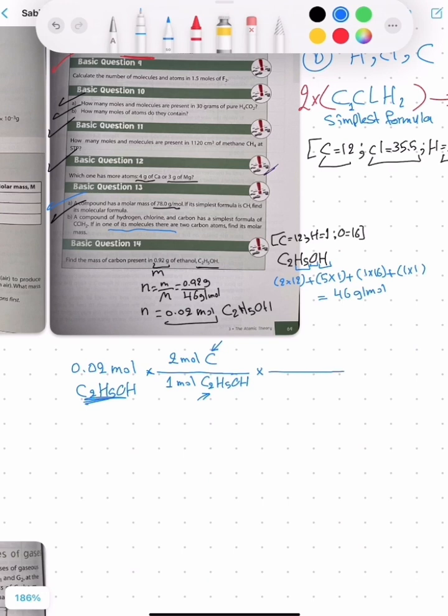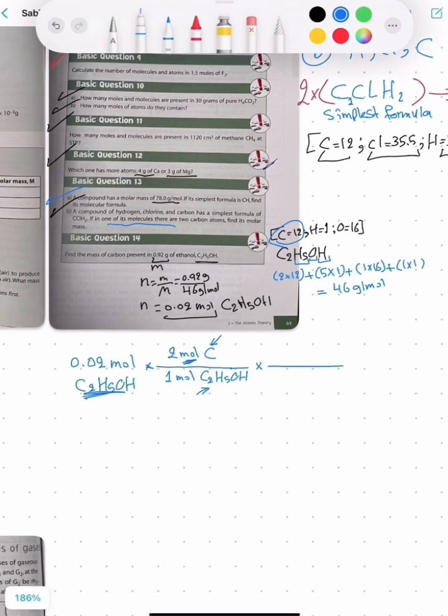What would you do? Change this number of moles into mass, because we need the mass of carbon. You will use the atomic mass of carbon, which is 12. So per 1 mole or each mole of carbon, how much is the atomic mass? 12. So 12 grams of carbon.